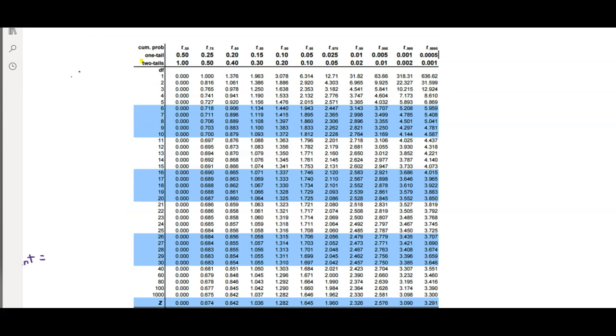Here on the table we have two tails, which is 0.01, and we can see one tail only is 0.05, so we are using this column, and we have to go all the way to 80. So 80 is here, and I think this is the value, right? 2.639.